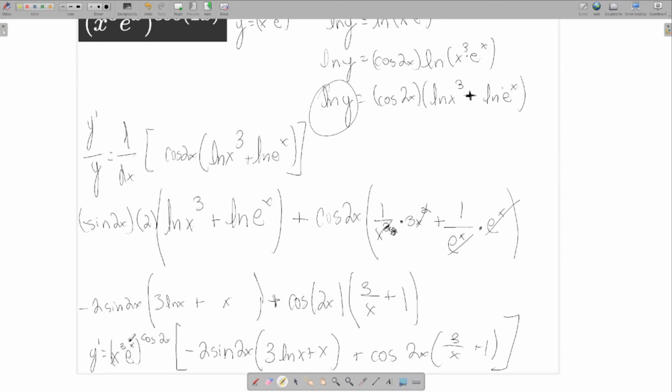This is our answer. Huge problem. Hopefully I didn't make a mistake, but this should be the answer if everything went according to plan. Hard problem.